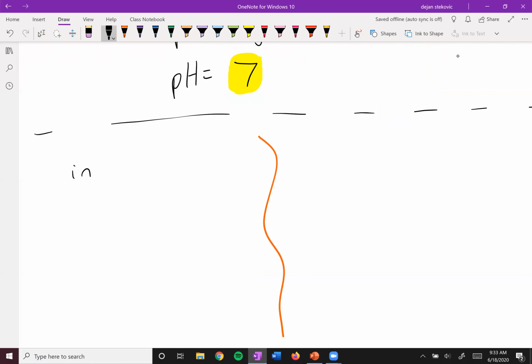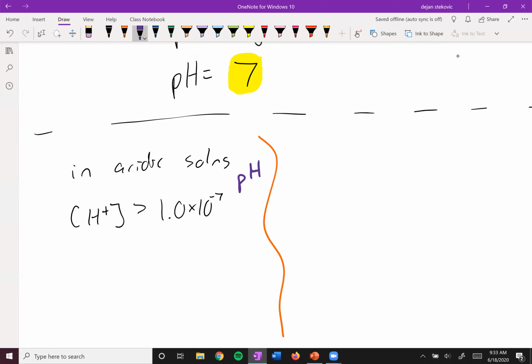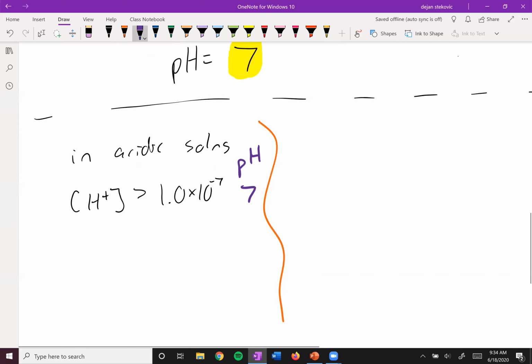So we said in acidic solutions, the concentration of H plus is going to be greater than the concentration of hydroxide. And so the concentration of H plus is going to be greater than 1.0 times 10 to the negative 7. Let's take a look at some pH values here. If you plug that in, obviously that's 7, so that's neutral.